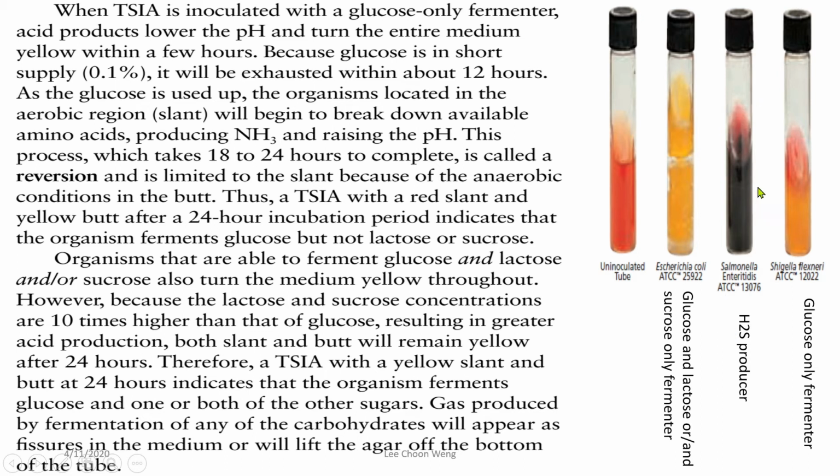And for this, it is a clear-cut H2S producer, hydrogen sulfide producer, forming a black region here. You can see a slight reddish here, so that means it is also a glucose-only fermenter. So probably this is a lactose-negative, glucose-only fermenter producing H2S, and therefore it is most likely a Salmonella.